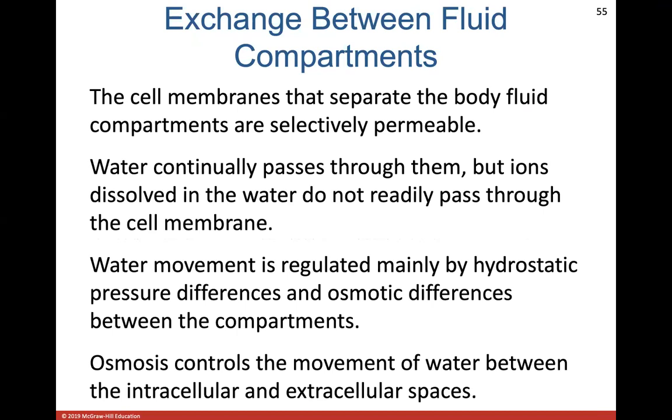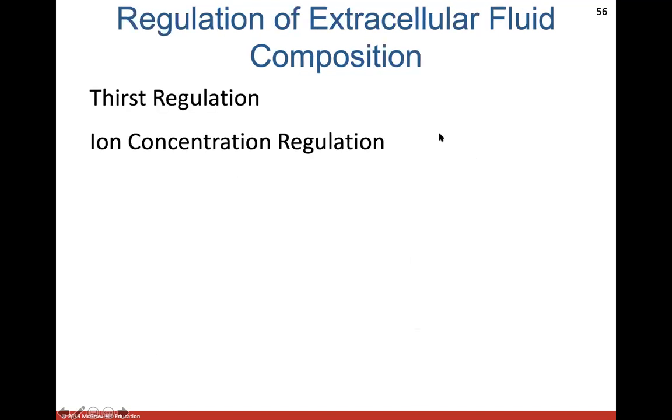The cell membrane is selectively permeable. Water can continually pass through the cell membranes, but ions dissolved in the water do not readily pass through. Water movement is regulated by hydrostatic pressure differences and osmotic differences between the compartments, and osmosis controls the movement of water between the intracellular and extracellular spaces.